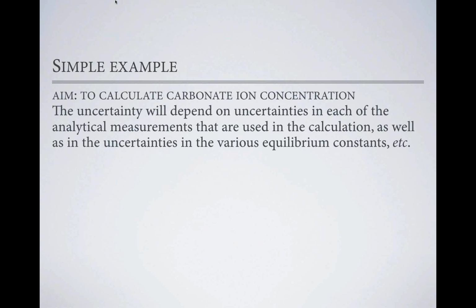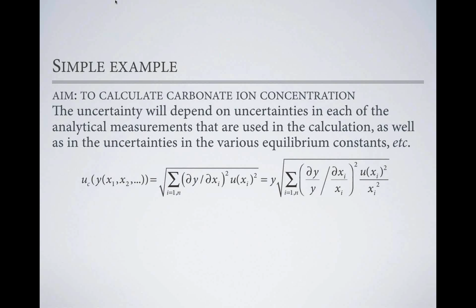A simple example. If you're trying to calculate carbonate ion concentration, the uncertainty depends on the uncertainties of all the measurements that you use in the calculation, as well as uncertainties in various equilibrium constants. This is the classical formula for that. The combined uncertainty in y due to measured quantities x1, x2, etc., depends on the sum of the squares, square rooted.